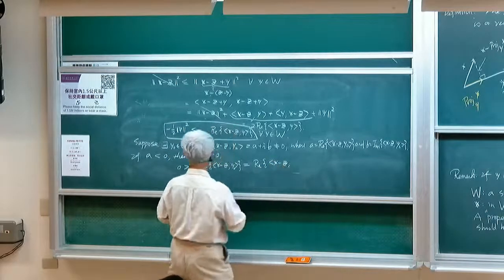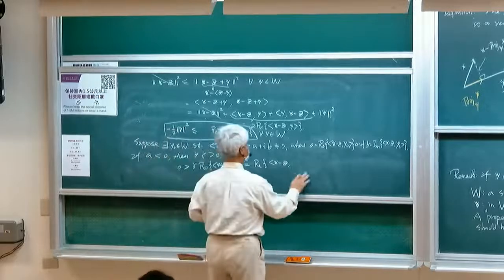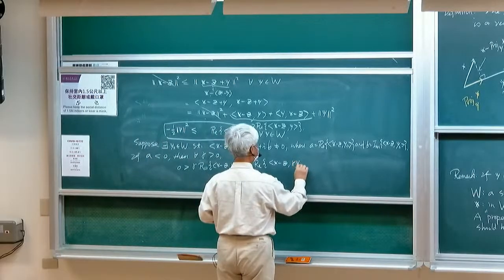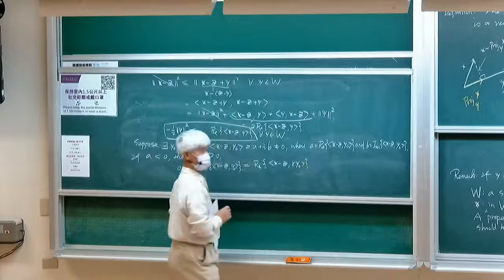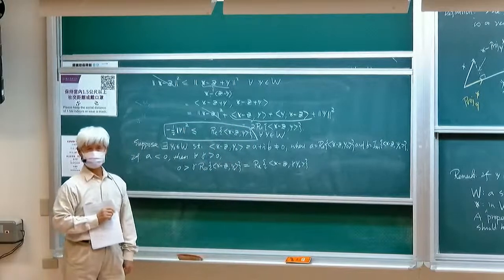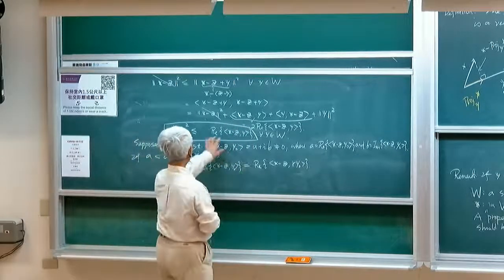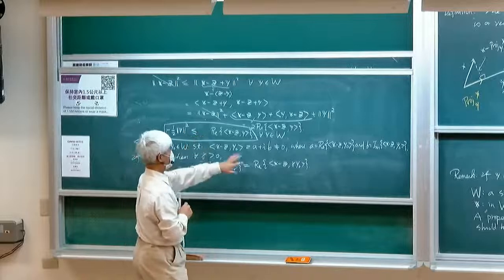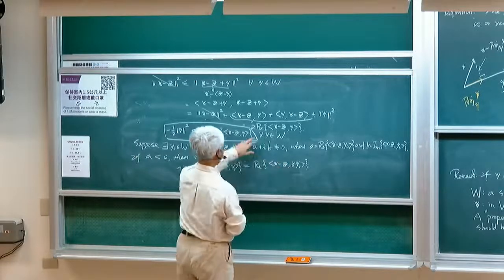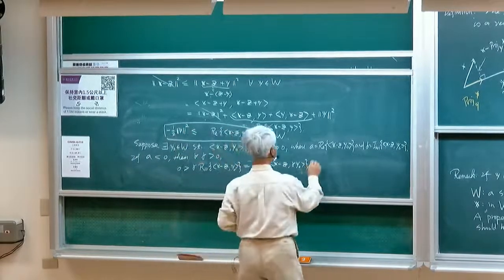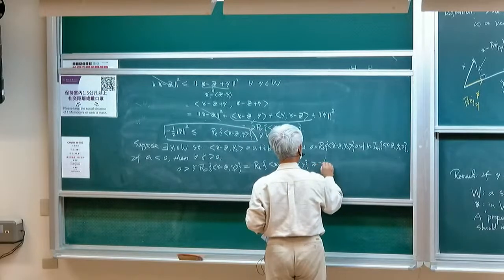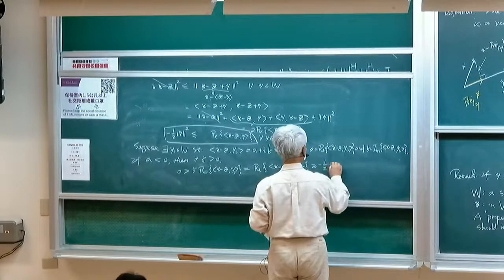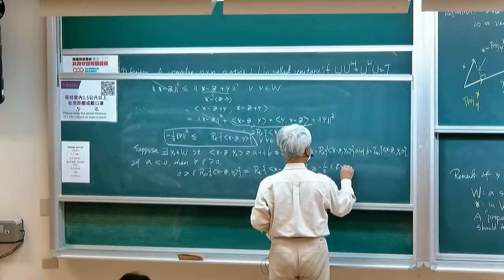And we can absorb gamma into here. Is that okay? Now, we apply this formula because gamma y0 is also in W. So this is greater than or equal to minus 1/2 times gamma y0 squared.